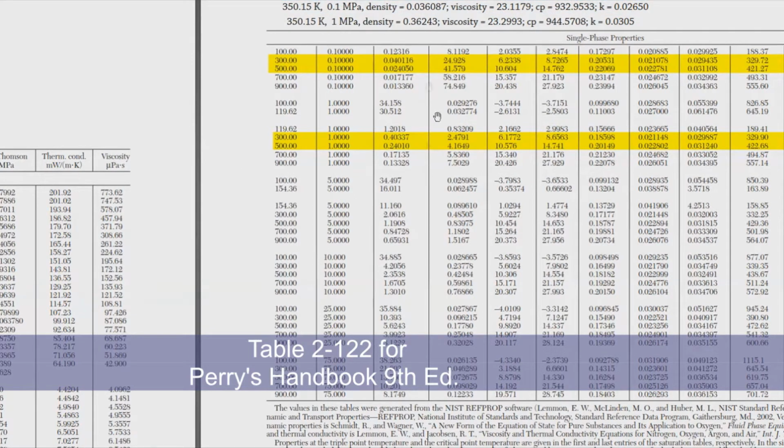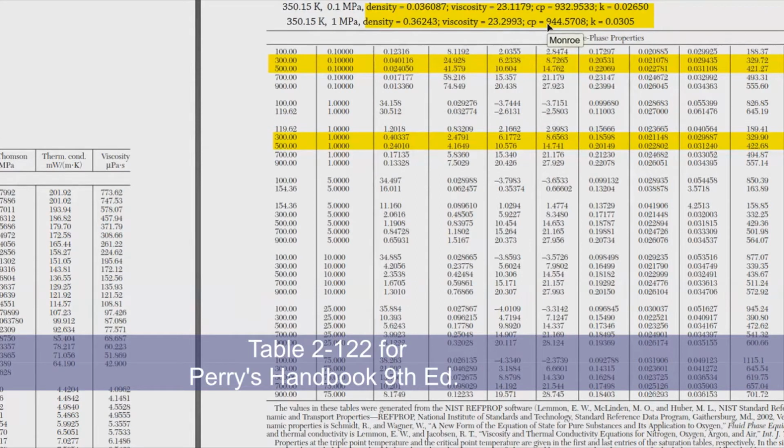Then you will be interpolating between these values using the pressure that we need, which is at 2 atmospheres, which is around 0.101325 times 2. After that, you'll be getting the densities in between these values, and the values there would be the thing that we need in order to solve for the Reynolds number for this problem.